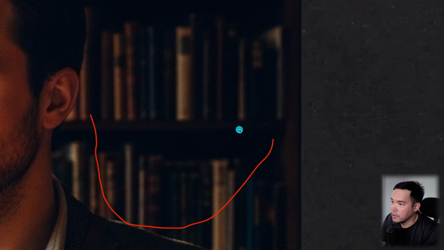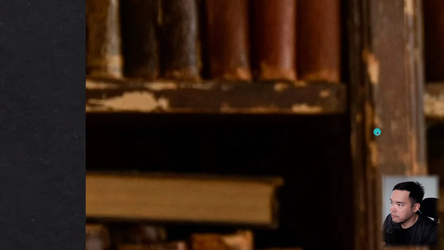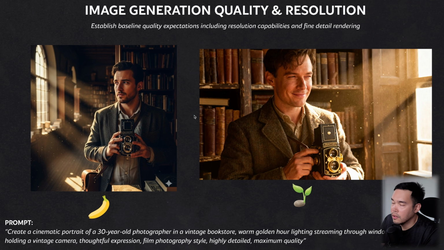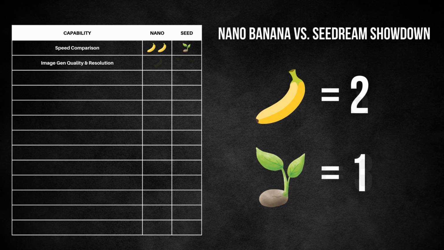And for Seedream, with the same zoom, we can see that it's much clearer. With Seedream, you can control the resolution of the image up to 4K, and it does generate 4K images. For Nano Banana, I found it defaults to around 1280 or 1920 at the maximum, depending on the base image you give it. So for this round, Seedream takes the win with 2 points, and Nano Banana gets 1 point.